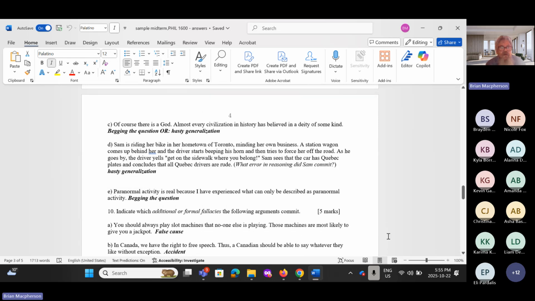Number C, of course there is a God. Almost every civilization in history has believed in a deity of some kind. Now we saw this argument before. In that section, I was looking for fallacies of relevance. That would be basically an appeal to tradition, right? But now I'm looking for fallacies of problematic or unacceptable premises.